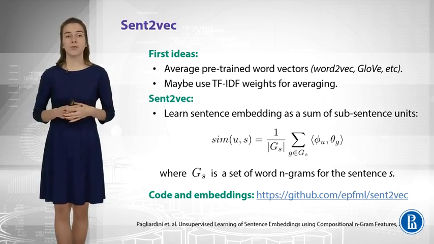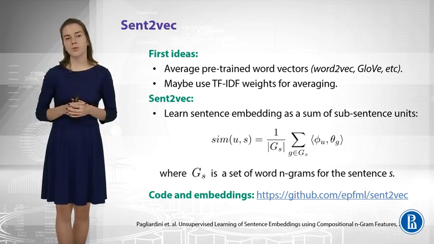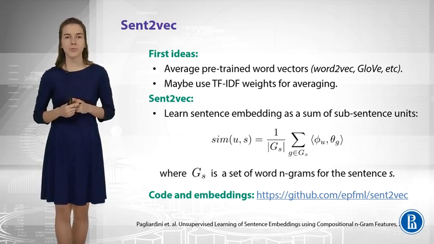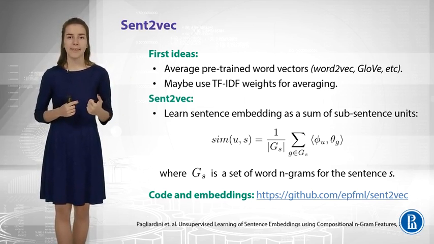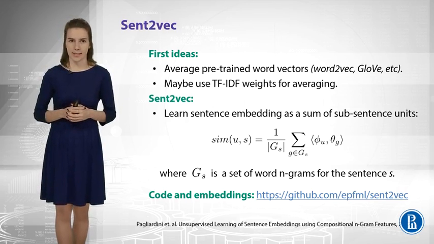Well, we might also have some weighted average, for example, with TF-IDF weights. But you know what? It might not be too nice an approach, because those pre-trained vectors are trained with some other objectives, and they might not suit well for our task.